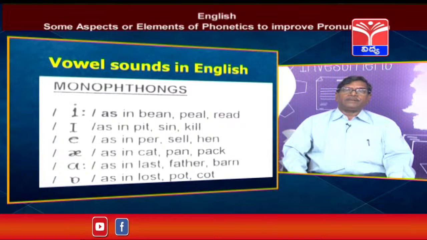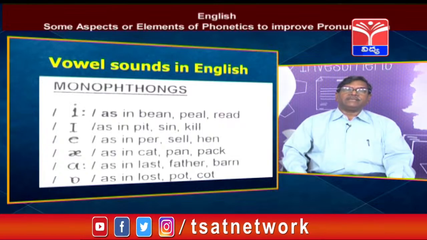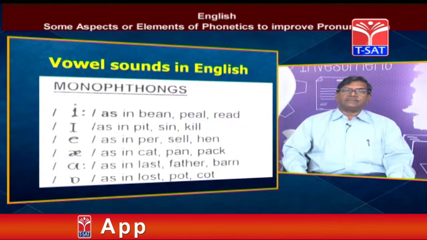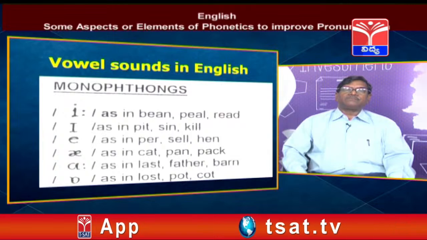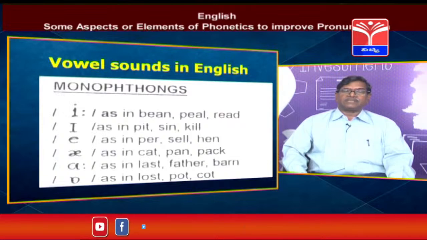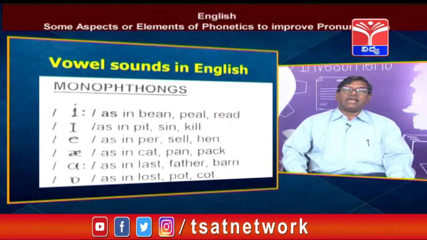In all these cases, it is elongated E and it is represented by that symbol. And these symbols are put between two slant lines to represent that they are the symbols of sounds, but not alphabet.